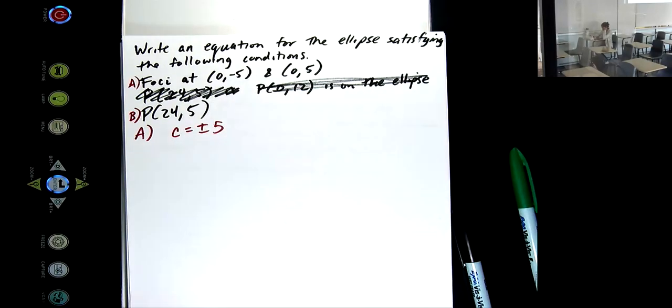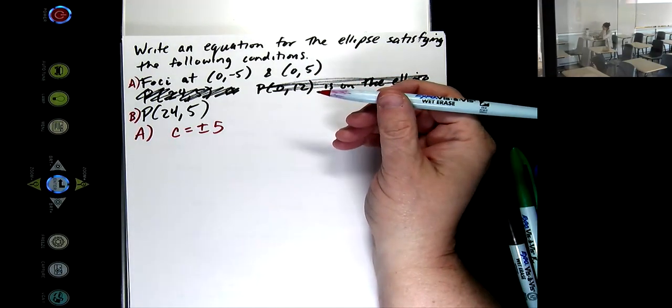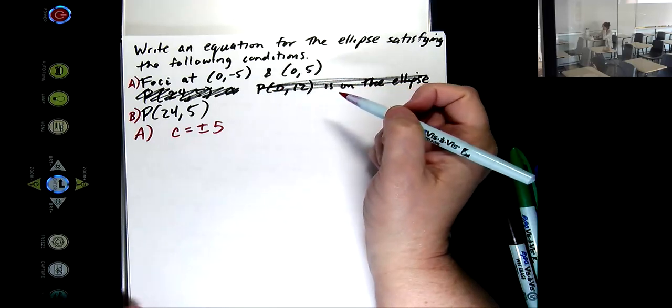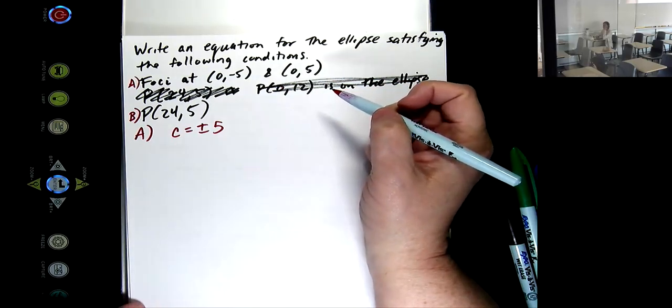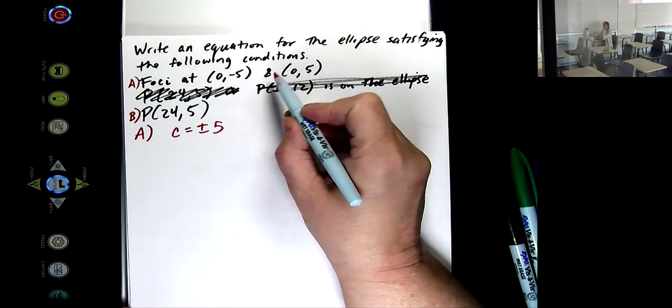All right, good. It also tells us one other thing: the center is between them, and between those is 0, 0.